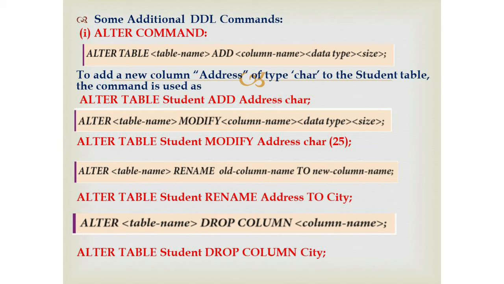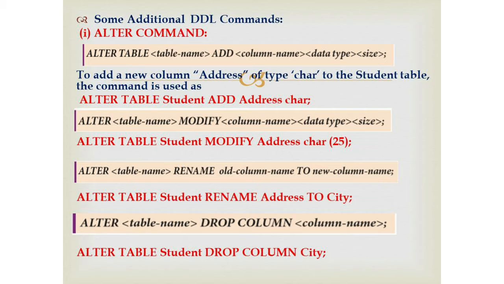Student is the table name. Then ADD. By using this ADD, you can insert a column. Its name is address. Column name is address. Its data type is CHAR. This is the command to add a new column of type character to the student table.